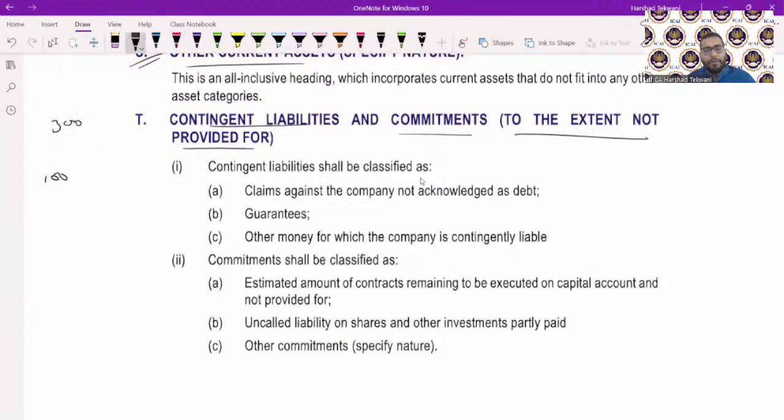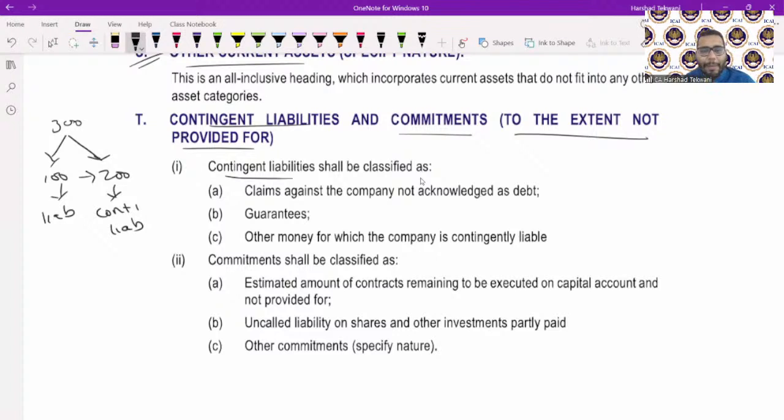Let's book a provision of 100, and the rest 200 we'll keep the same. So the rest 200 will be your contingent liability. This will be shown as a liability and this will be shown as a contingent liability. Clear?